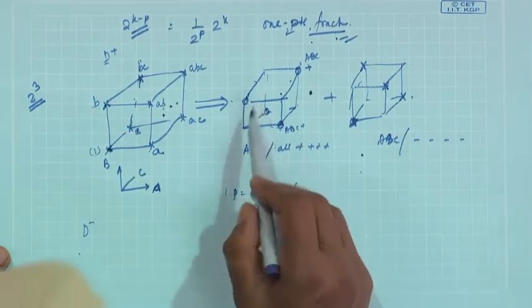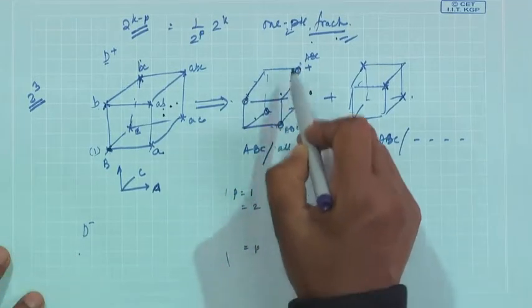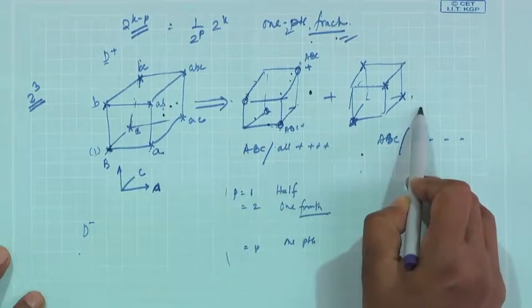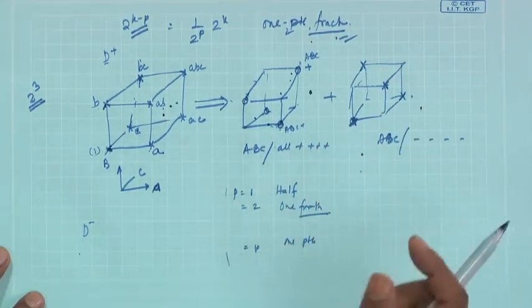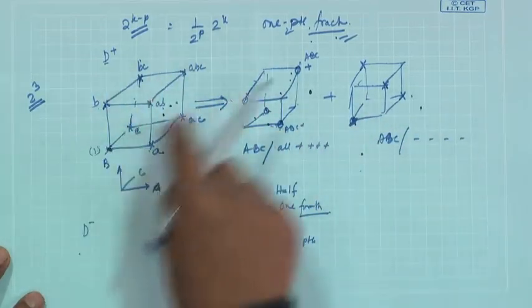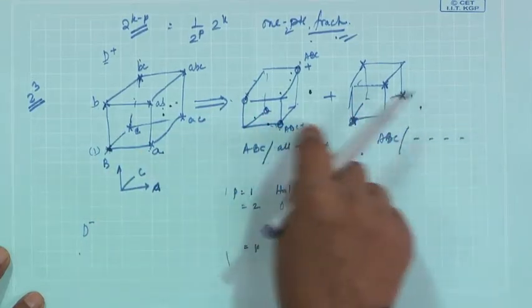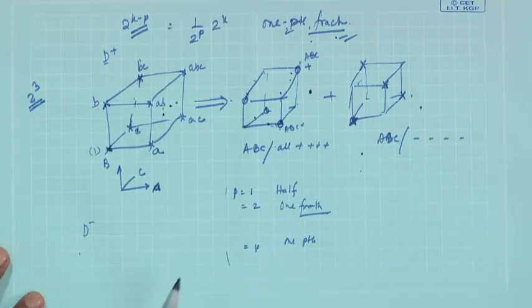How you come to the factorial points where experiment will be conducted is an issue, and here using ABC all positive and all negative, we have shown the split of the 2 to the power k factorial into 2 to the power k minus 1 factorial design. Okay.